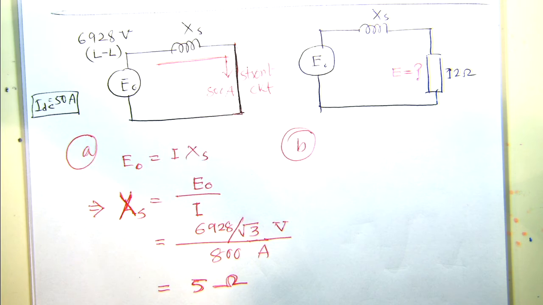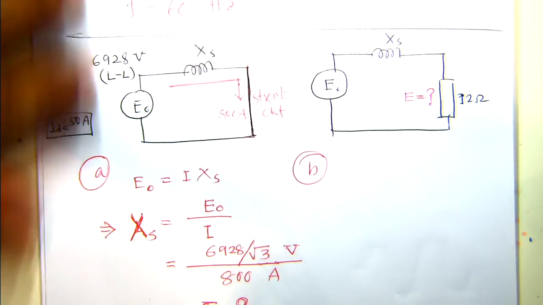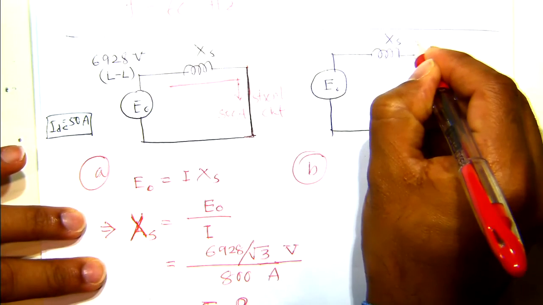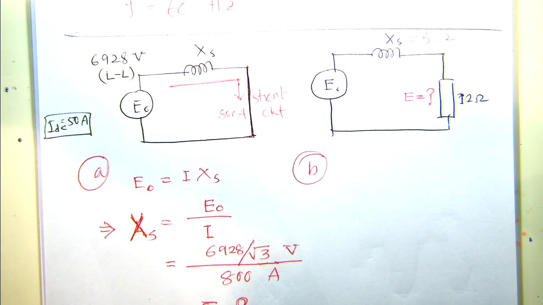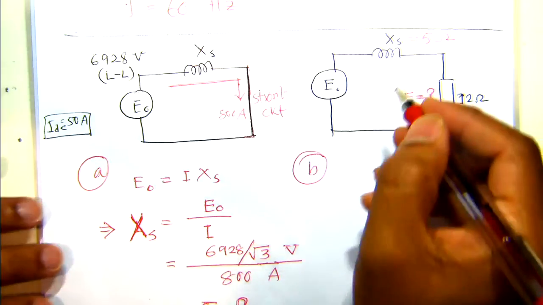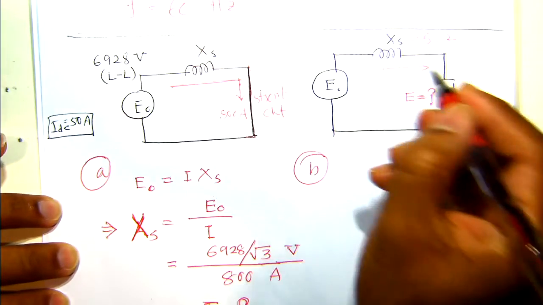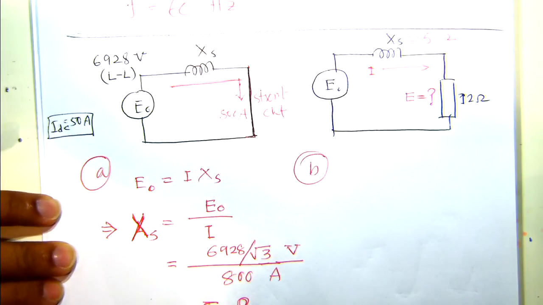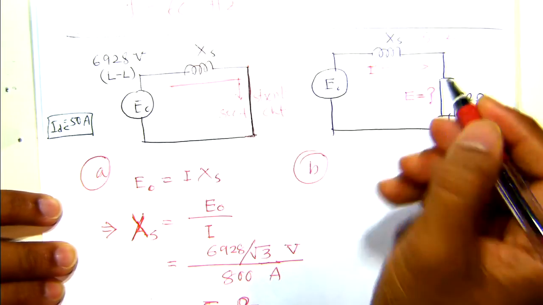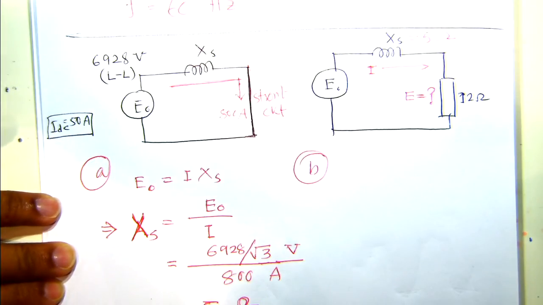By now we know that our XS is 5 ohm. What is the value of I? We don't know yet, because the I we determined was for short circuit.